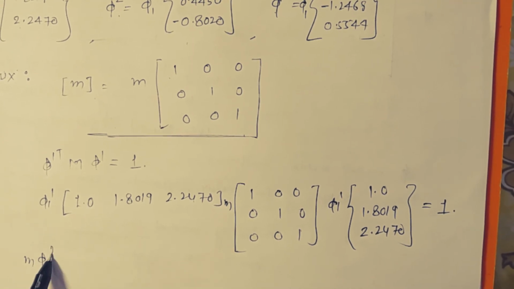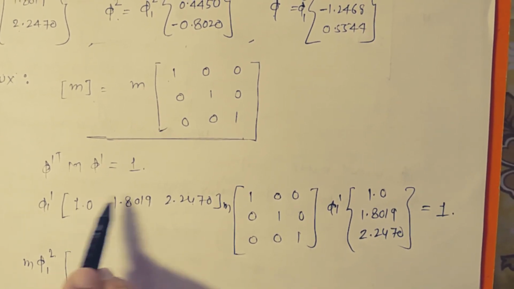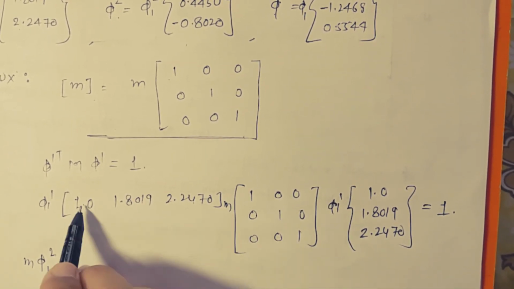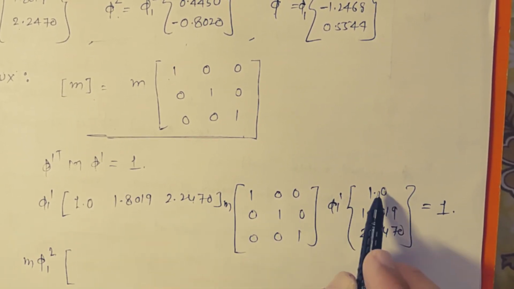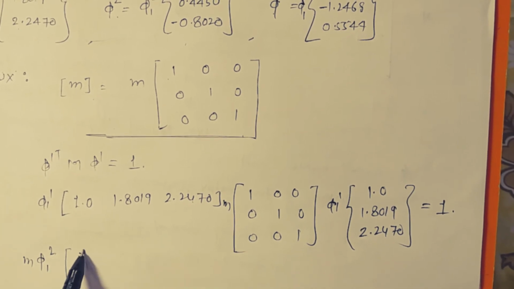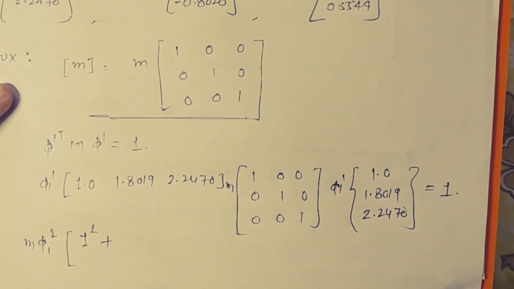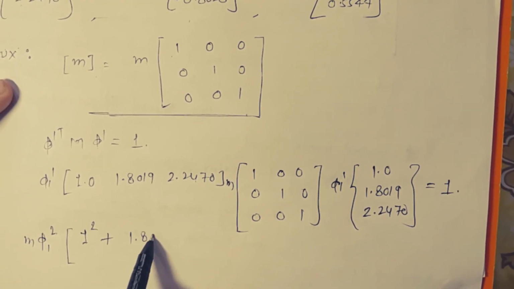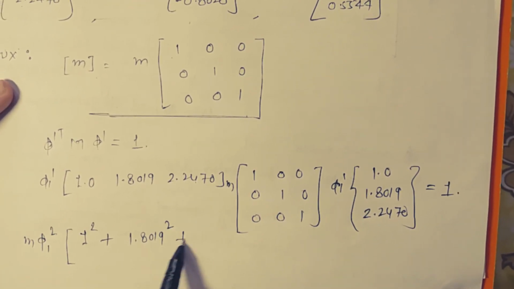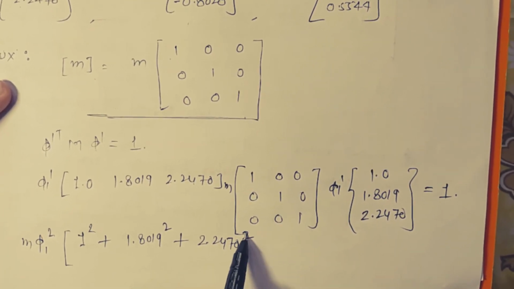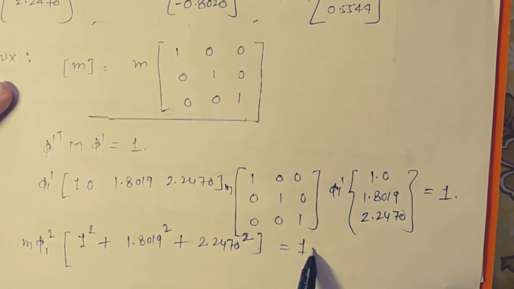M times phi 1 squared, and the rest all becomes 0, and this becomes 1 squared plus 1.8019 squared plus 2.2470 squared is equal to 1.